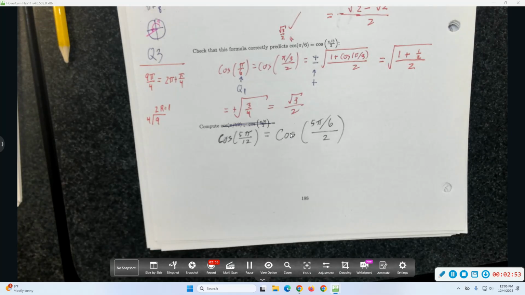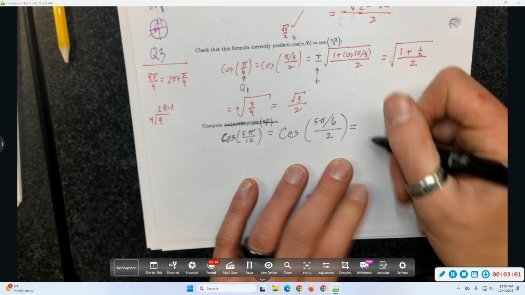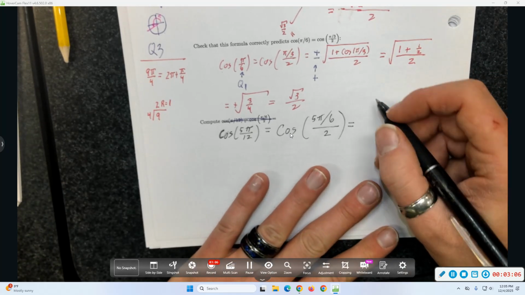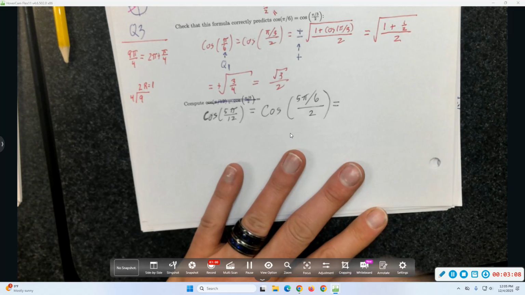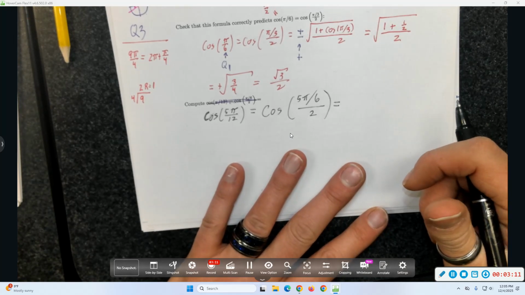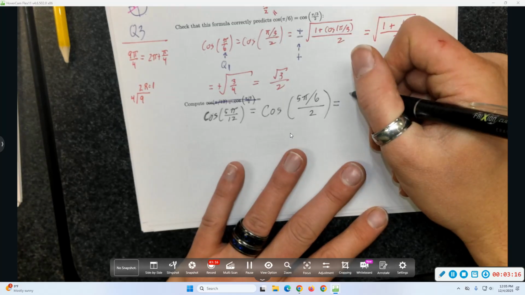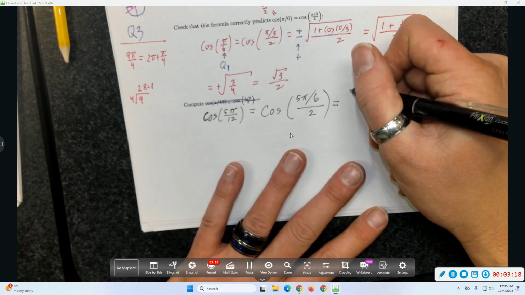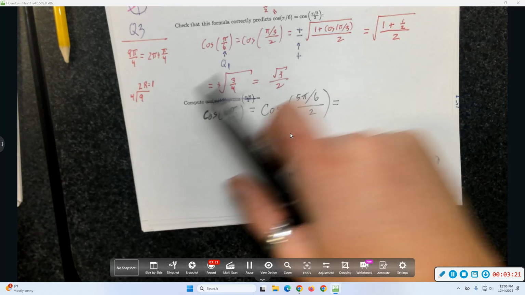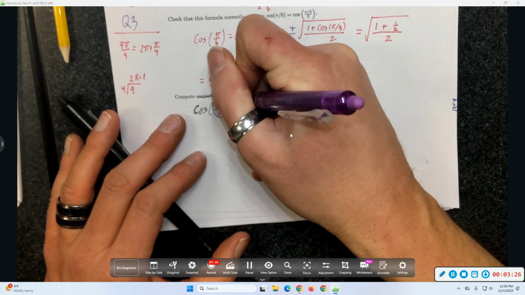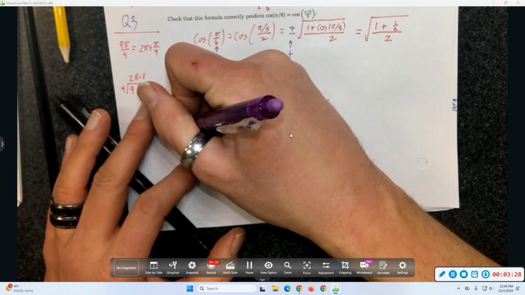So I guess we just need to use the formula, right? Let's write it down, we'll see what it looks like, and then we'll go from there. Equals. So, tell me what to write. By the half-angle identity, this is the same as, well, first of all, since we know that it's in quadrant 2, since 5 pi over 6 has a negative cosine.